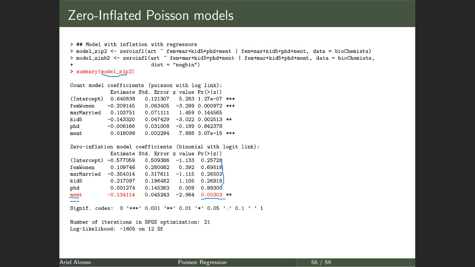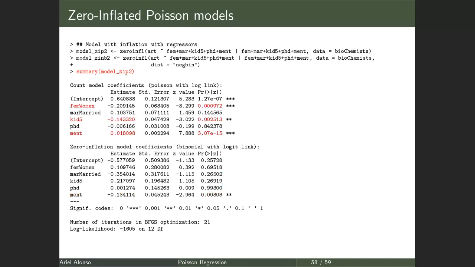And this is negative. And that means that if the tutor publishes a lot of papers, then the probability that the student will not publish, that he will be in the category zero, decreases. The more papers the tutor publishes, the less probable it is that the student will not publish any paper. And that is obviously rather logical. That's what we could expect.